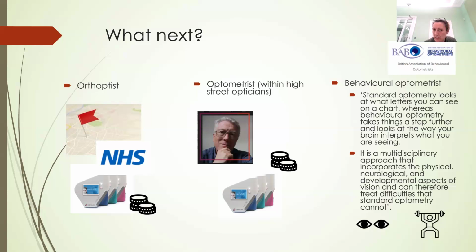It looked like the orthoptic route would have taken quite a lot of waiting, and it became apparent that the same machine was available in some high street opticians, again, not available on the NHS. I later found out there's another route of behavioural optometry, which suggests eye exercises, and I don't know much more than that at this point.